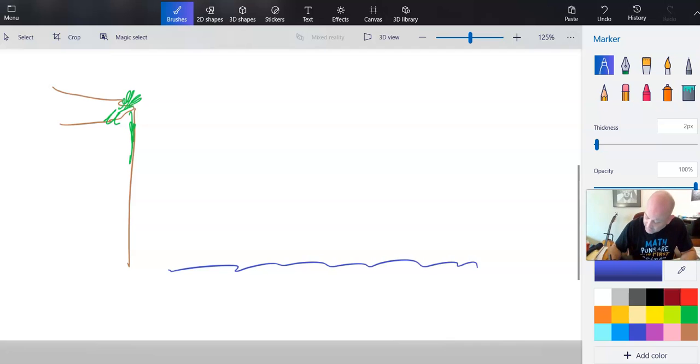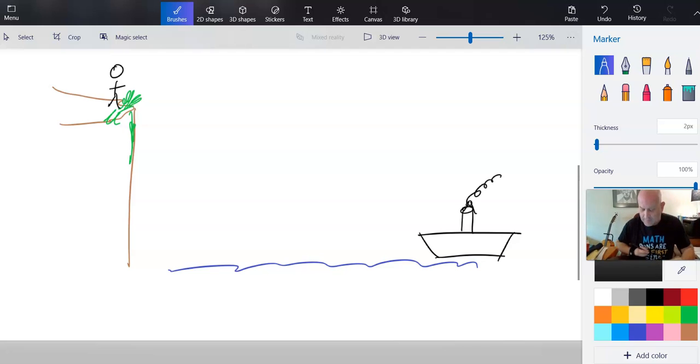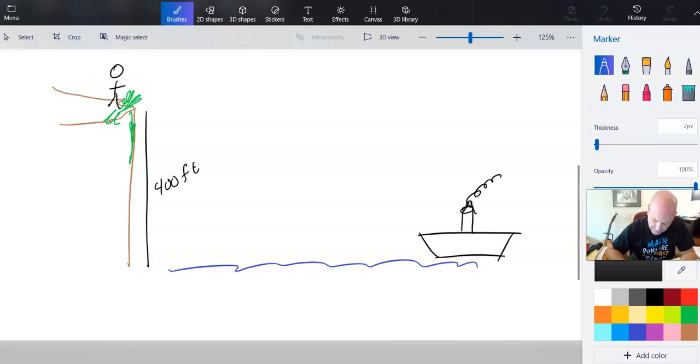You're walking along around here, and you spot a ship out in the ocean. Let's make it a smokestack. You happen to know that this cliff is 400 feet tall, and you measure the angle.